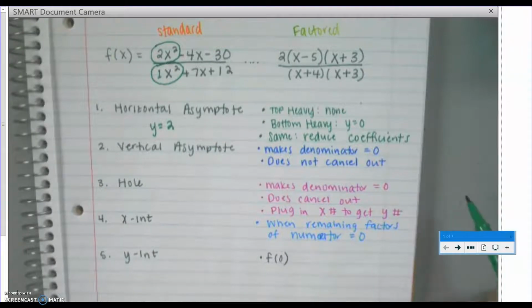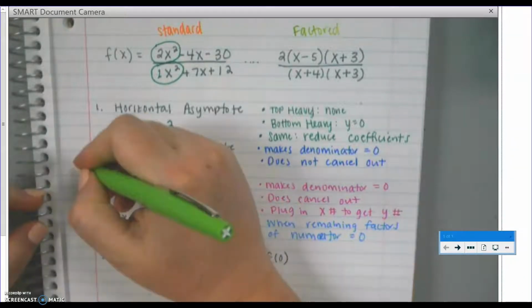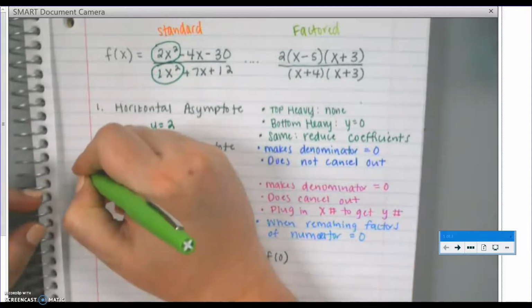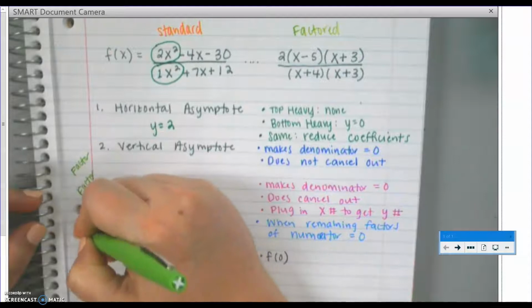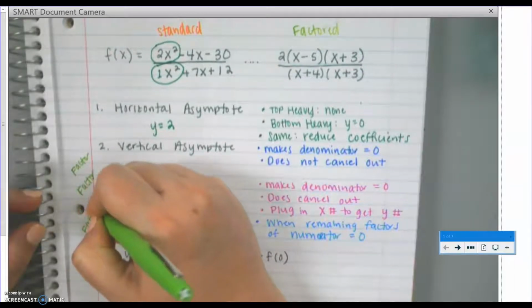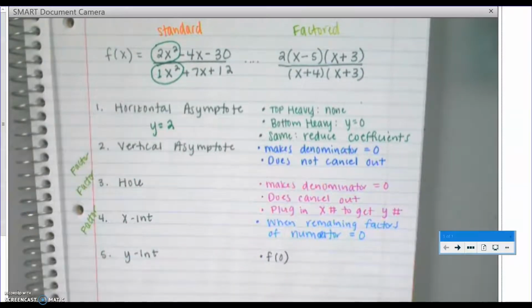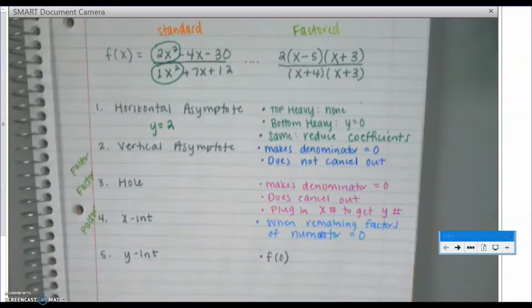All right, vertical asymptote and hole and x-intercept, honestly, we want the factored form for all of these. So the vertical asymptotes are any numbers that make the denominator equal 0 and the factor does not cancel out.